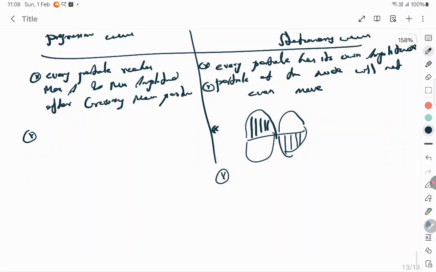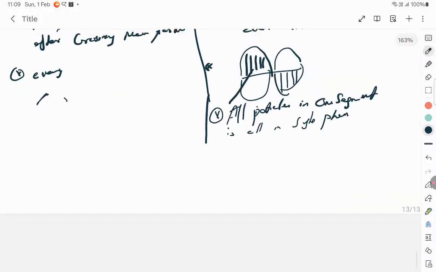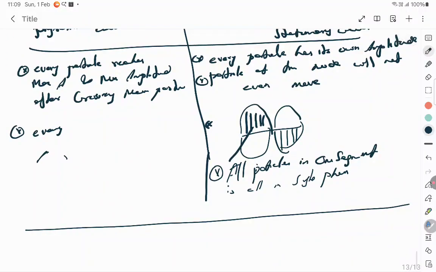In the case of a stationary wave, all particles in one segment, when I say one segment, it's in this half, are in a single phase. Whereas here, every particle will have a different phase, correct? In a progressive wave there will be a phase difference between particles. I'll explain this further; these are the two things that strike me.